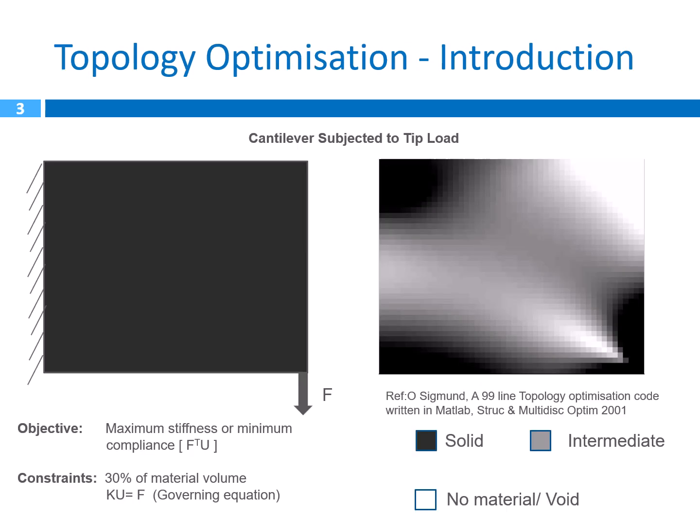Now let's look at what topology optimization is. Let's take a structural mechanics problem wherein you have a rectangular beam subjected to a tip load F. You want the beam to have maximum stiffness, but you want to use less material, say just 30% of the material which will occupy this rectangular domain.